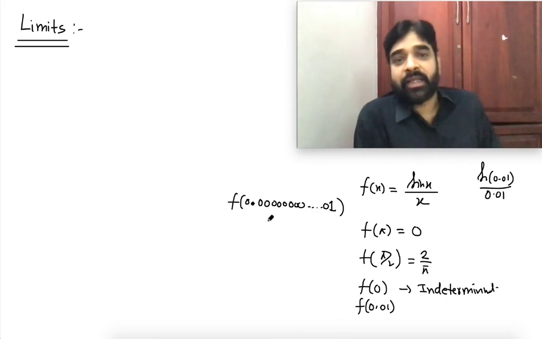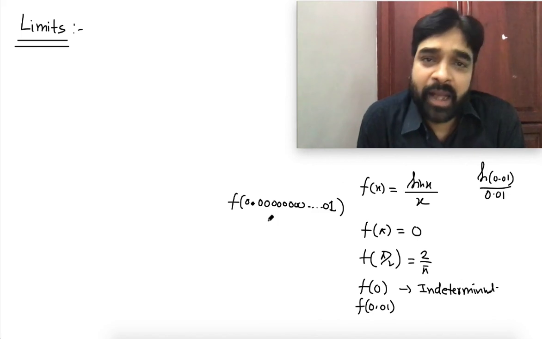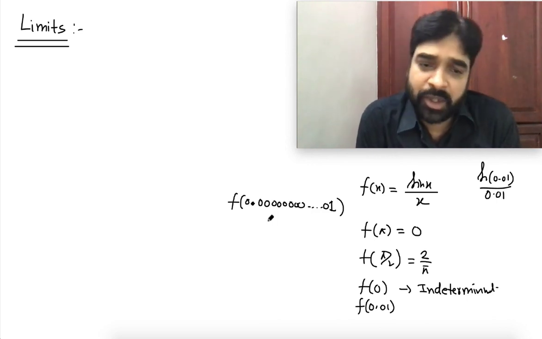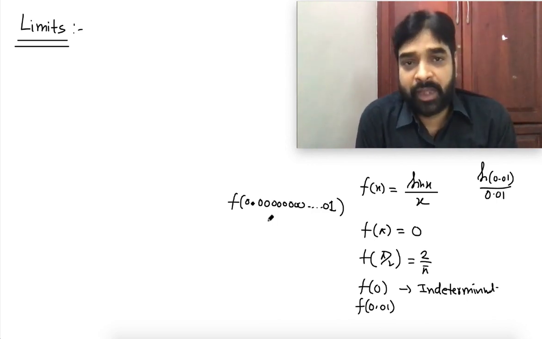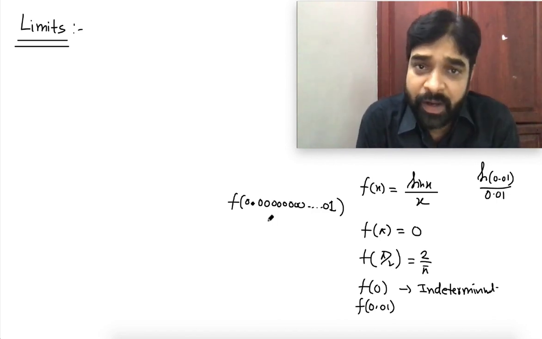So in mathematics, this problem was there from long back. Whenever at a certain point a function becomes indeterminate, that's okay. Everybody will agree that f of 0 nobody can find. Don't think that we are learning limits to find f of 0. We cannot find f of 0. How can we find an indeterminate value?